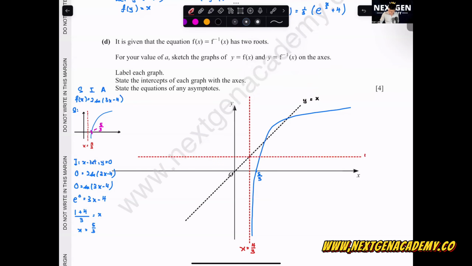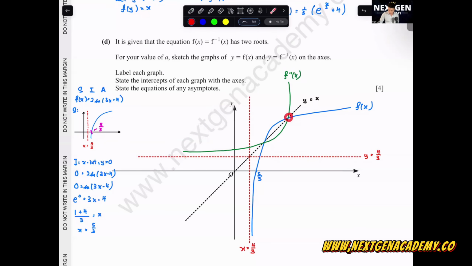This one is y equals 4 over 3. Then the inverse, you plot out f(x) first. It will intersect somewhere here. So this one is f inverse x.